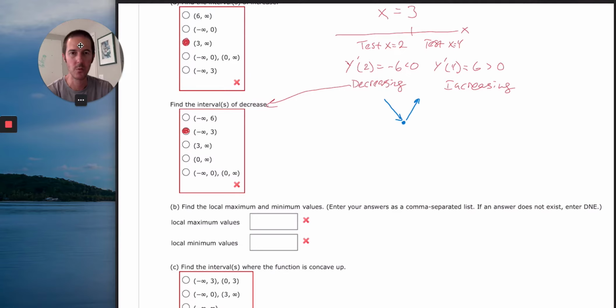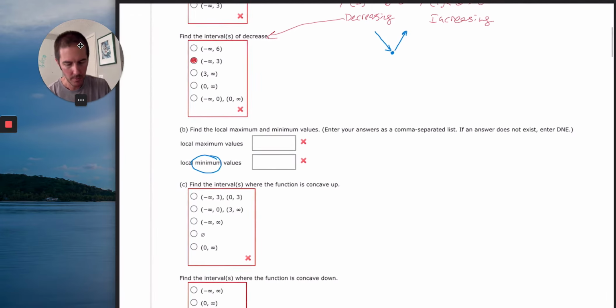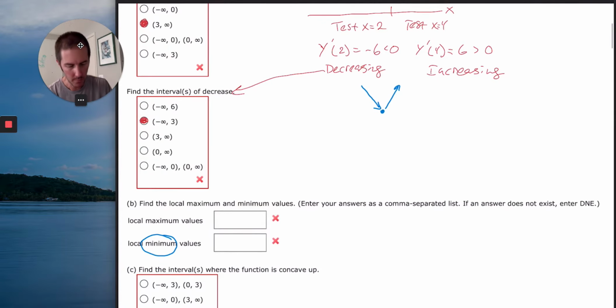Those are the first two reasons that come to my mind that tell me why I wouldn't have a local minimum at that point. And the question of finding the minimum, in this case there's only going to be that one minimum value, and the x-coordinate of that point is definitely 3.